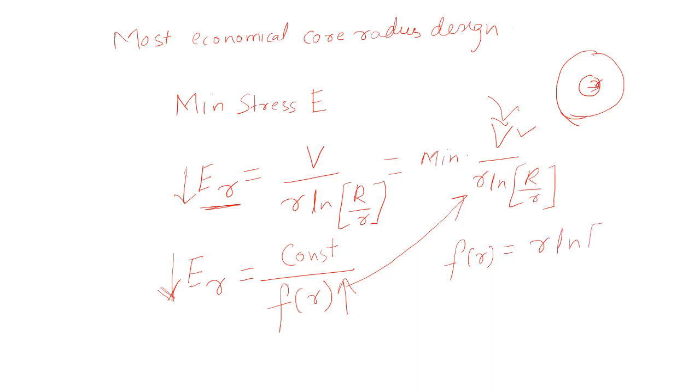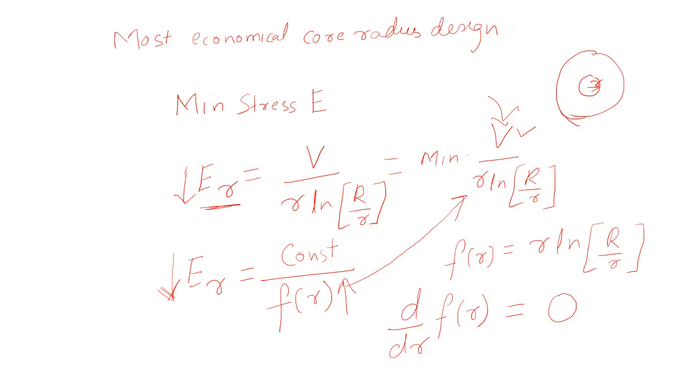F of R is R ln of R by r. So for any quantity to be maximum, differentiate this with respect to r and equate this to 0.